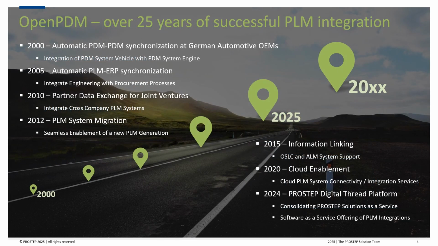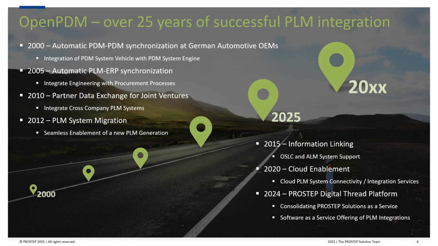OpenPDM has been around for over 25 years and has really matured over that time. When it came out around 25 years ago, it was an automatic PLM synchronization tool, primarily at German automotive OEMs. Shortly after that, there was a lot of market demand for ERP synchronization, which is a primary integration use case. So we added synchronization that you could use between a PLM and an ERP to move between engineering and manufacturing domains, kind of moving it downstream.